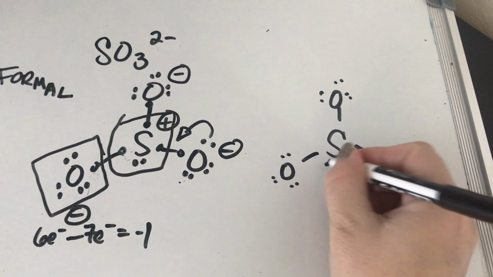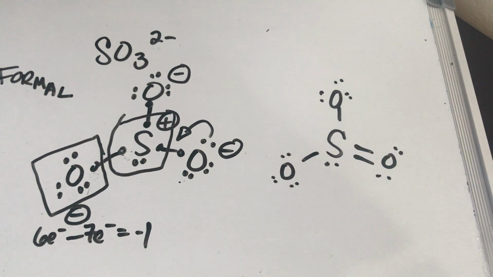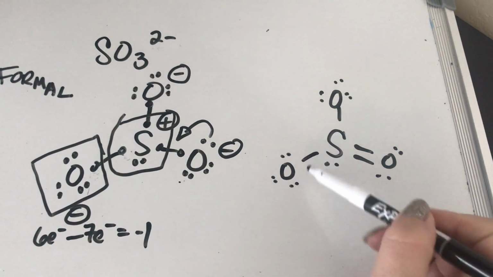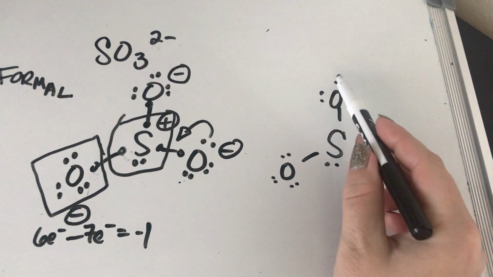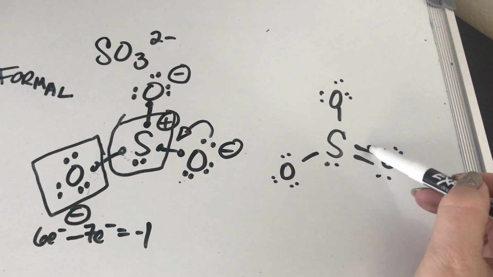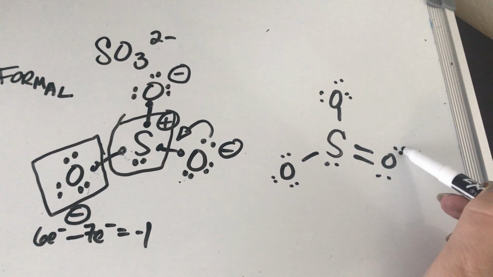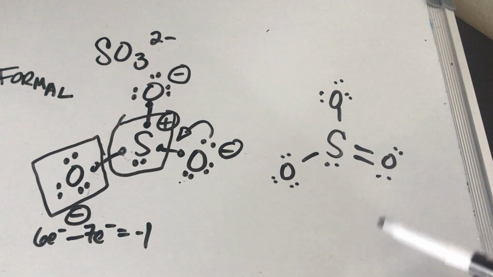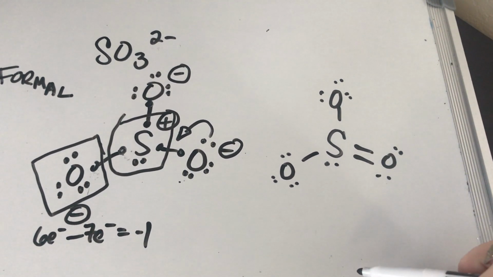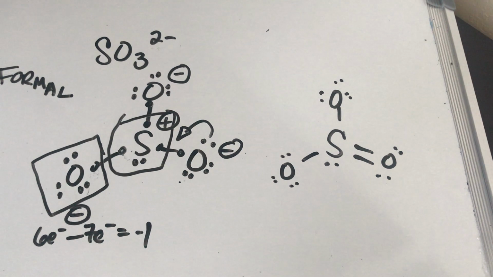What's more important than formal charges? Octet. The octet rule, right? So we need to evaluate the octet rule. 2, 4, 6, 8. 2, 4, 6, 8. 2, 4, 6, 8. 2, 4, 6, 8, 10. Is sulfur allowed to exceed?